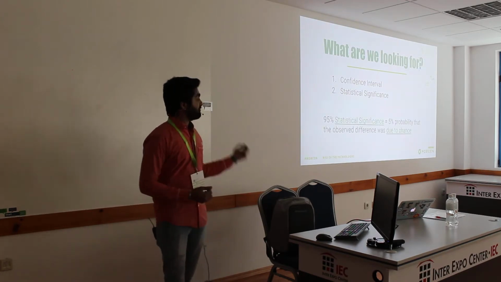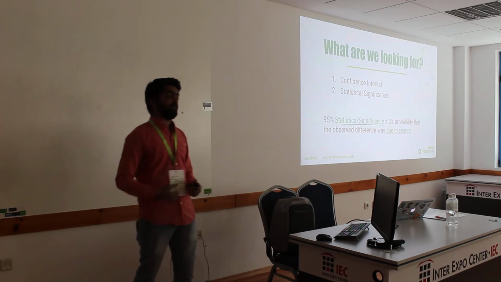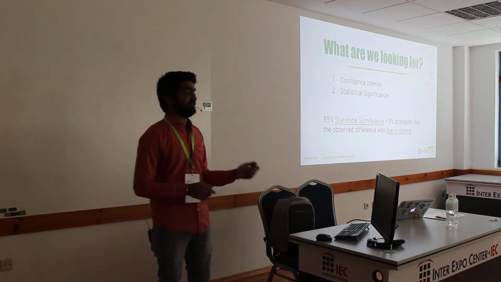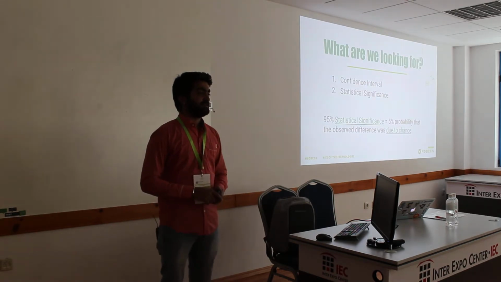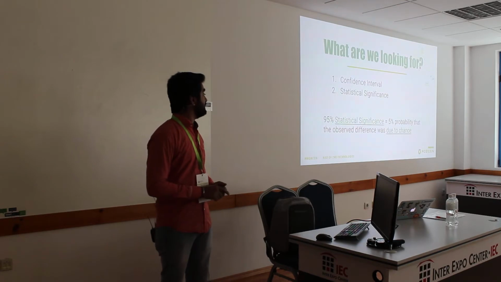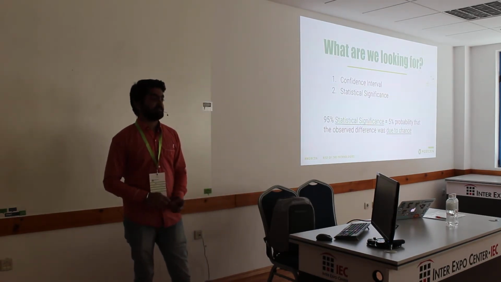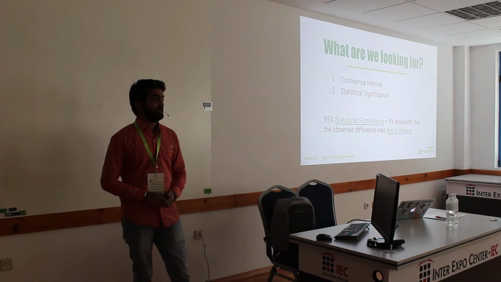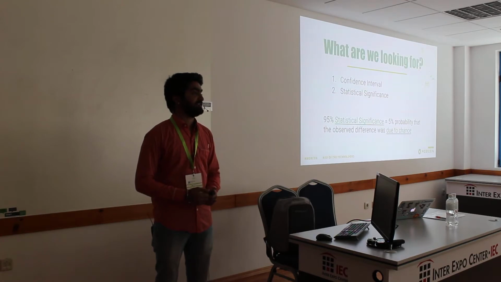When we say 95% statistical significance, we know that there is a 5% probability that the observation is just because of pure luck or pure chance. So these are the false positives or false negatives that we talk about. The higher the statistical significance your experiment or test has, the more sure you are that the observation is real and it's not because of any chance.